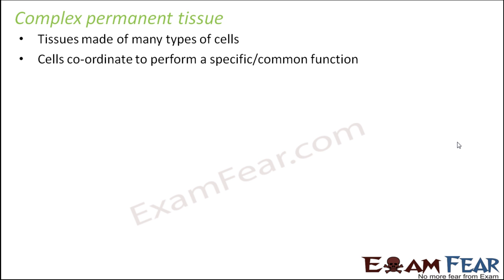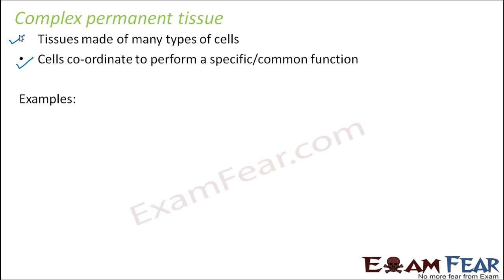There has to be a coordination between the teachers, the students and the parents, and then they have to perform in such a way that they are able to achieve their goal. Right? So a similar scenario happens in case of complex permanent tissue. Here also the cells are not all similar. They are all dissimilar cells, but they coordinate with each other to perform a specific or a common function.